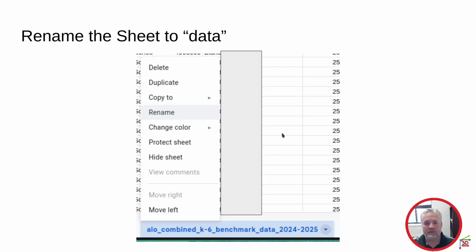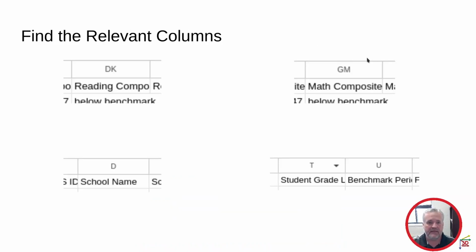Okay, once you have done that, you need to spend a minute on that data sheet and go find the relevant columns. We're looking for 5 different columns. We're looking for the reading composite status column. That's DK. GM is the math composite status column. So these have all of the at benchmark, below benchmark, those things for your composite score for each one of your kids.